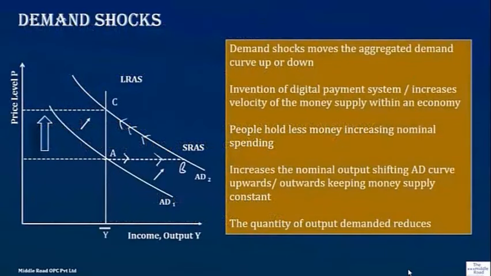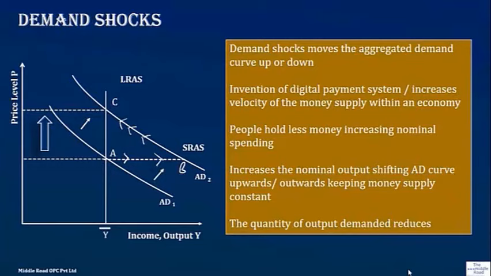Now we look at the demand shock. I talked about digital payments, which is a very good invention in recent times. It's more akin to a credit card. The invention of the digital payment system has increased the velocity of money. Increasing the velocity of money within an economy increases the nominal output if I keep the money supply constant. An increase in money spending leads to an increase in demand.